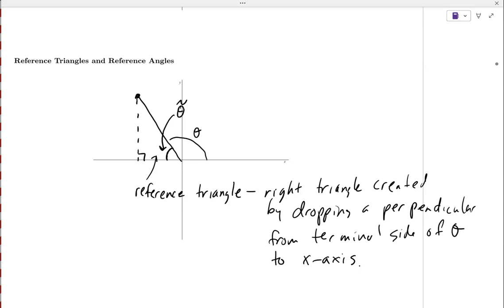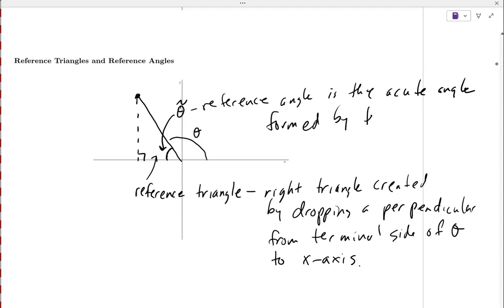Okay? So the reference angle here is the acute angle formed by the terminal side and the x-axis.